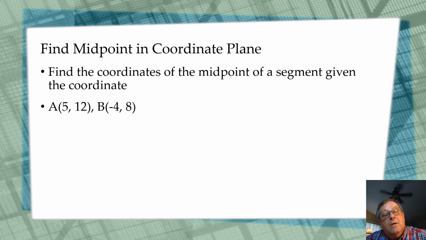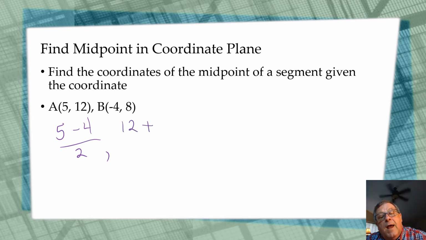Well, let's see. We can take 5 minus 4, because it's plus -4, over 2. That'll give us the x coordinate. And the y coordinate is going to be 12 plus 8 over 2.